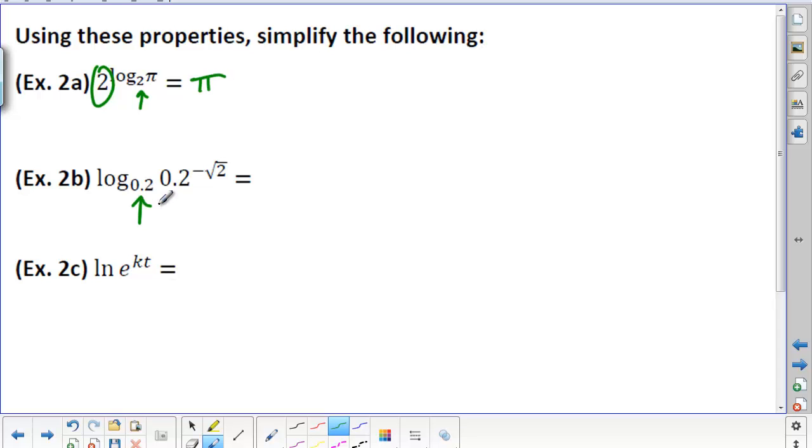Here, this 0.2 base in the logarithm, and here's 0.2 as a base for an exponent. Those cancel out. You get negative square root 2. Here, natural log of e to the kt. Remember, natural log is the same thing as a log base e, right? So those cancel out, and you get kt. And so that's how that's used, just to simplify whenever the base of the exponent matches the base of the logarithm, and it's a composition of the two.